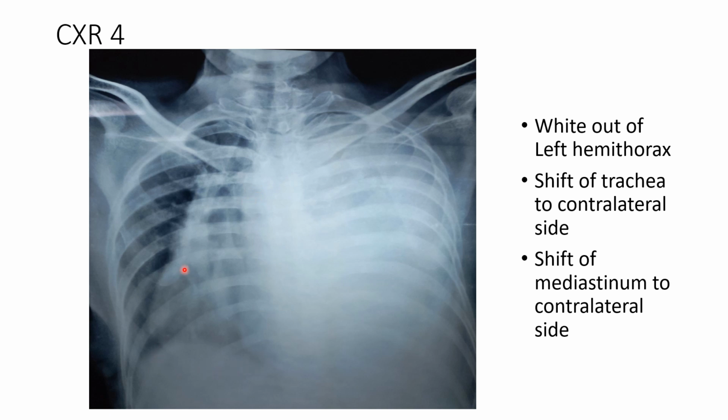And then you have this mediastinum, which is represented by the cardiac shadow, also shifted to the opposite or contralateral side. So anytime you see a complete whiteout of a hemithorax along with shift of trachea and mediastinum to the opposite side, the first differential diagnosis is a massive pleural effusion. So in this case also we have a massive pleural effusion.